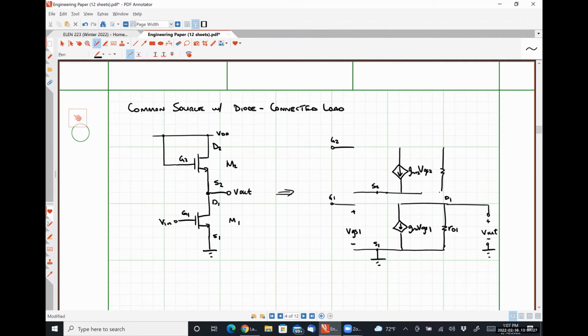Here I have R02. This node up here is the drain 2, and my drain node is connected to AC ground for transistor M2. My gate node is connected to ground for transistor M2. This is my quantity VGS2. All right.